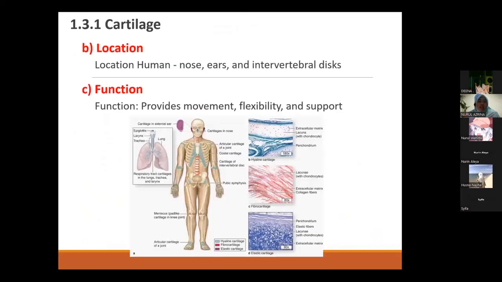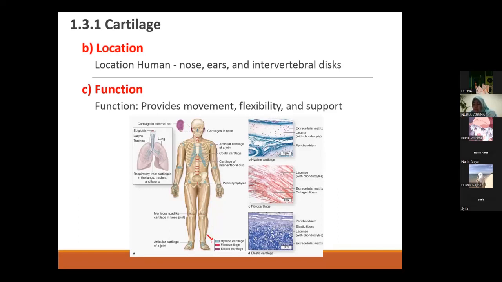In terms of location, you can see listed over there the locations of cartilage. But I just put this picture down here to let you know that cartilage is actually divided into 3 types. Hyaline cartilage, the blue color.